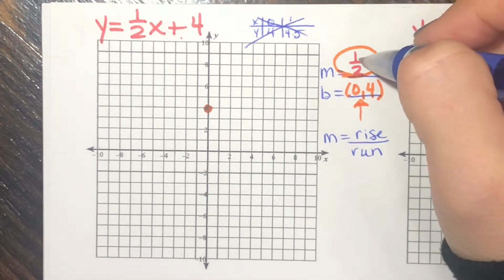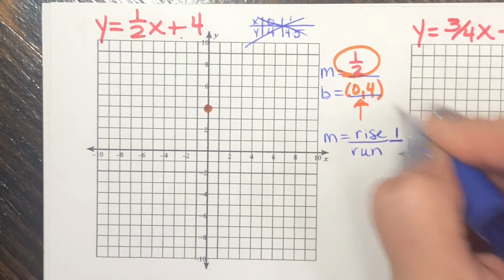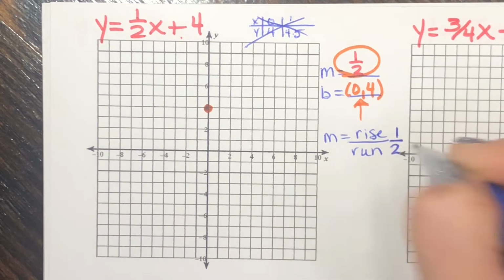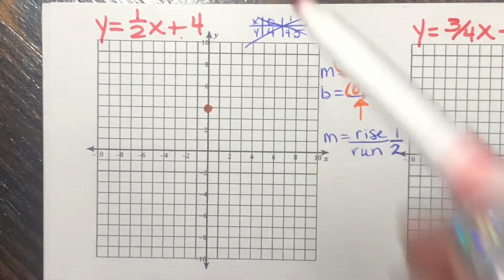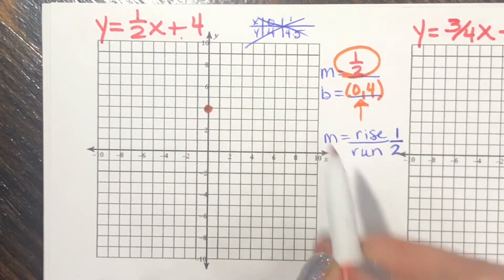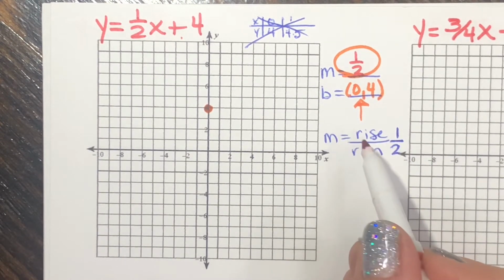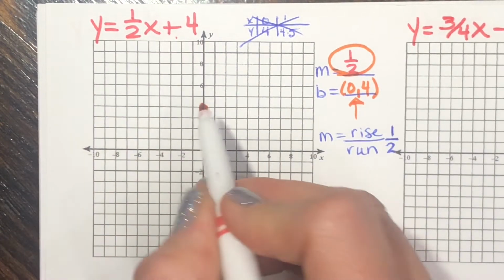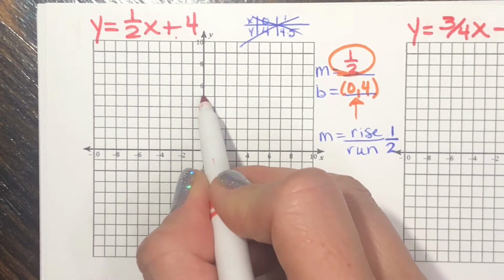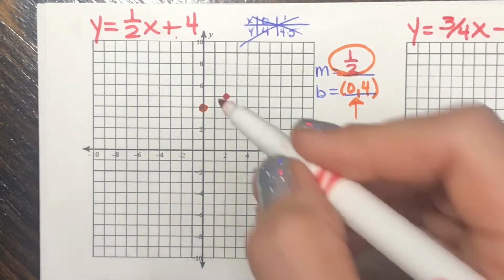Which means my 1 is my rise and my 2 is my run. And so watch, keeping my pencil on my y-intercept, this is where the m comes in. Because if b is where you begin, m is where you're going to move. So go here and rise 1 and run 2. And I have my second point.